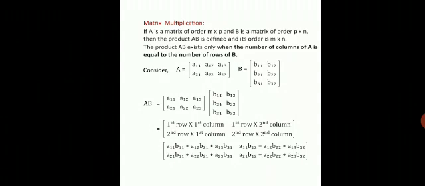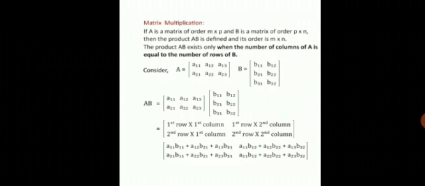So the product becomes, see here, students, the first row of matrix A is to be combined with the first column of matrix B. Here the first row has 3 elements and the second matrix's first column contains 3 elements, that is A11, A12, A13.